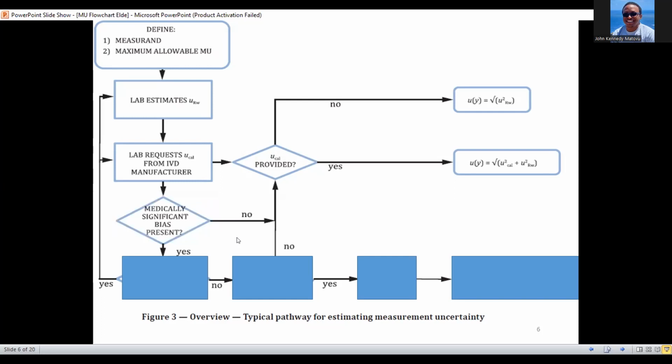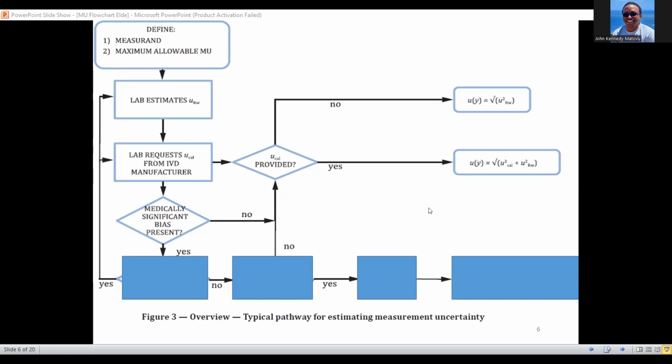Right, let's continue. There's a question here. Is medically significant bias present? Well, if the answer is no, by the way, help me out here. What's your indicator that your bias is within the allowable? Where can you glean that you can say, well, my bias is still okay or not? How do we obtain bias?